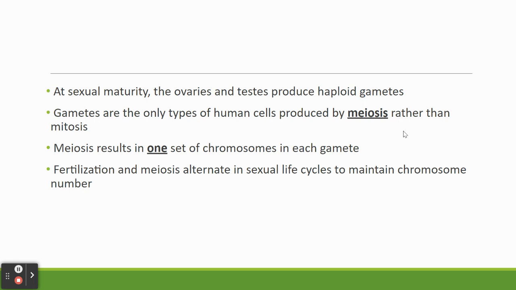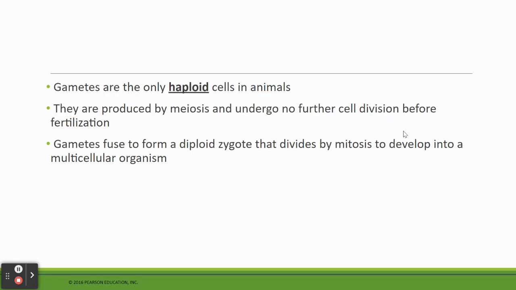Fertilization and meiosis alternate in sexual life cycles to help maintain the chromosome number. Sometimes they need to be haploid, sometimes they need to be diploid. It depends on the life cycle and what phase they're in of the cycle. All right. So again, gametes are the only haploid cells in animals.